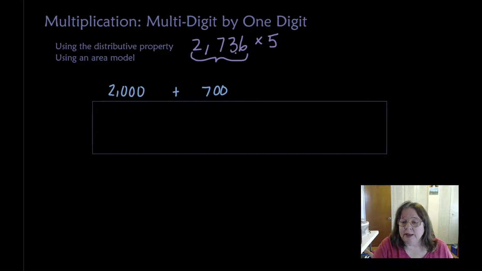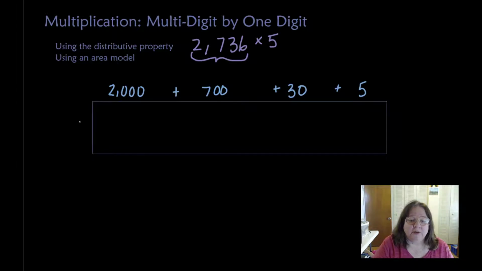The 3 is in the tens, so that's 30. And then we have the 5 in the 1 spot.